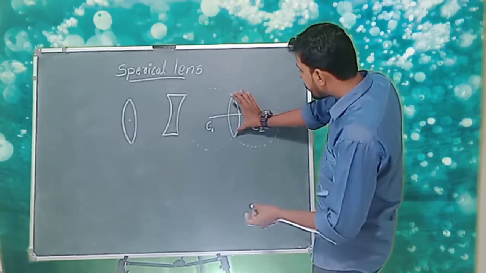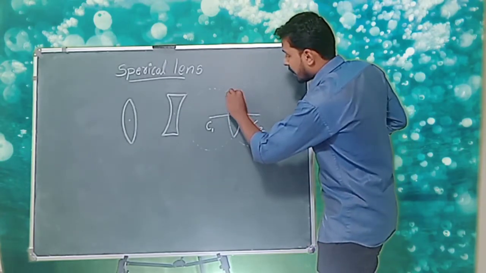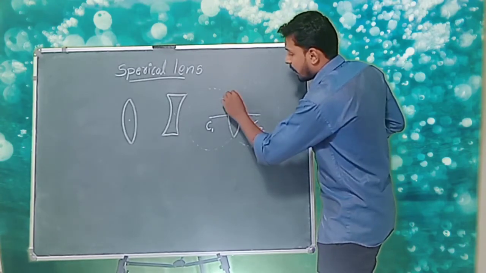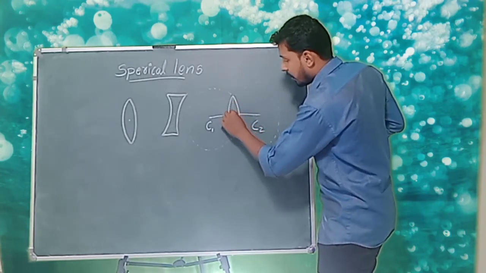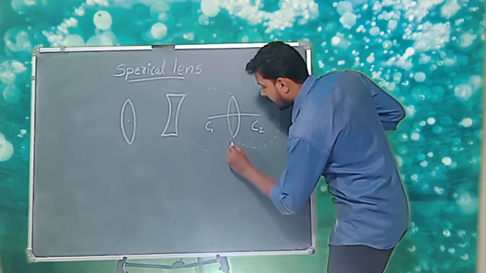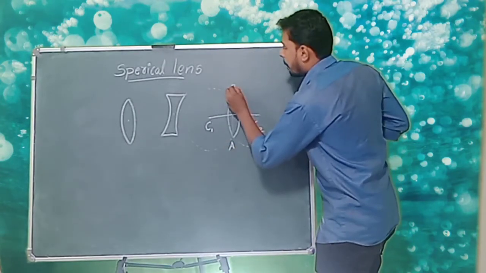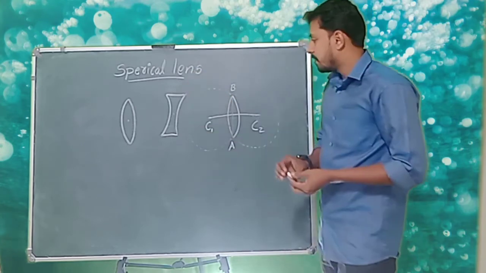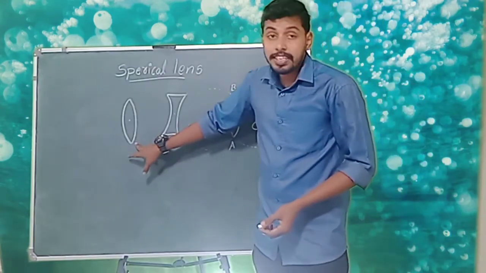And what is the diameter of this circular edge? Diameter of this circular edge is called aperture. We can represent it as A, B. Which lens is which?